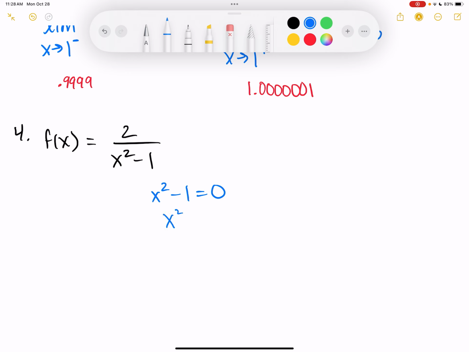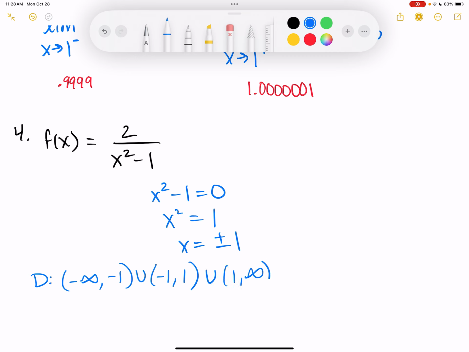X squared equals 1. So then what do I get? Plus or minus 1, so x equals plus or minus 1. So that means that my domain is going to have an additional part to it. I'm going to have negative infinity to negative 1, union negative 1 to 1, union 1 to infinity. So it's all numbers except for negative 1 and 1, because those would cause a problem.